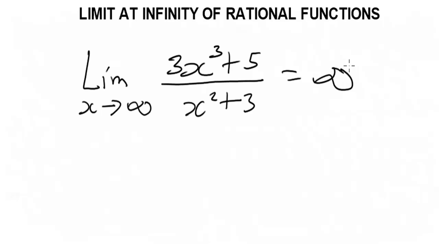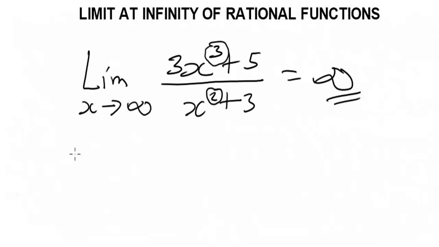That is indeterminate. We cannot define this limit. If you look at the numerator, the highest power of x here is 3, and in the denominator, the highest power of x here is 2. So the power of the numerator is higher than that of the denominator. In this situation, the limit does not exist. So this will be our answer.